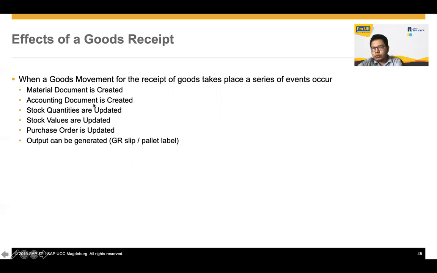The accounting document is also created because the accounting document states the value in money for those materials. Stock quantities are updated because there is an increase of stock. Stock value is updated because each of them has value. The purchase order is updated, etc.